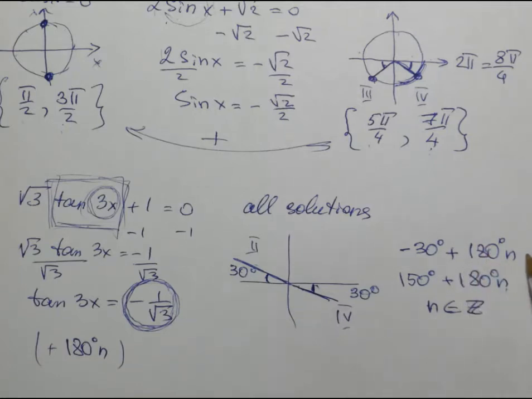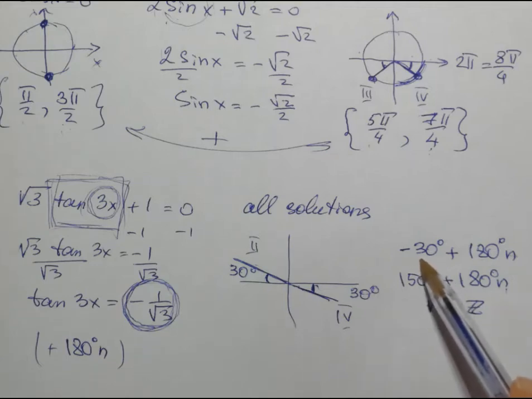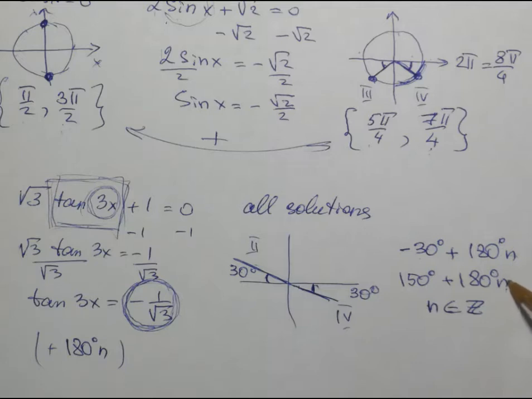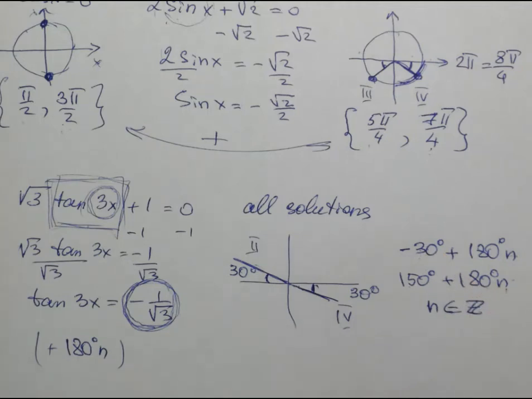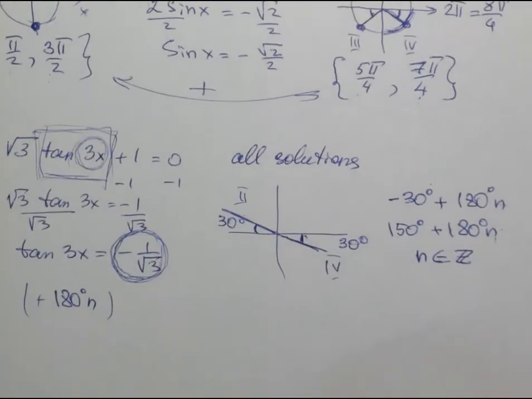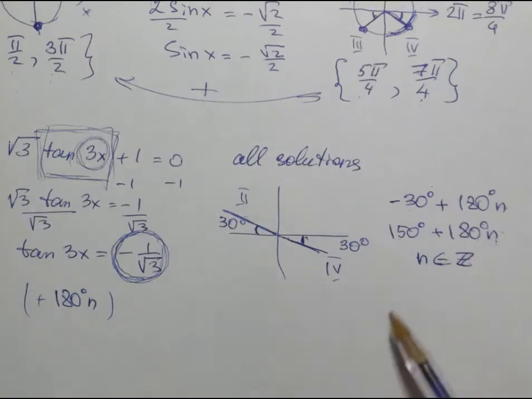It's actually the same, since if n is 1, for example, in this first expression, then we add 180 plus negative 30 and we get 150. From this expression, if n is negative 1, then we get 150 minus 180, we get negative 30. That's why we can take either this or this. Since you have multiple choice, you will see what works better in your problem.